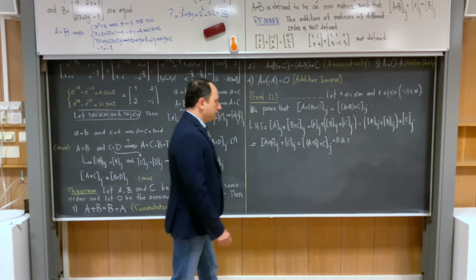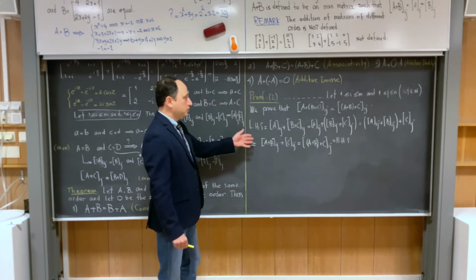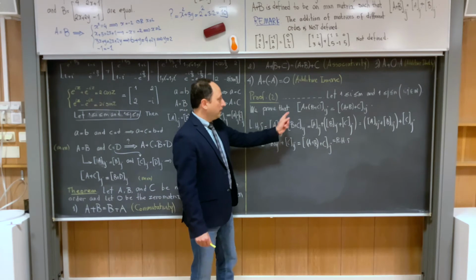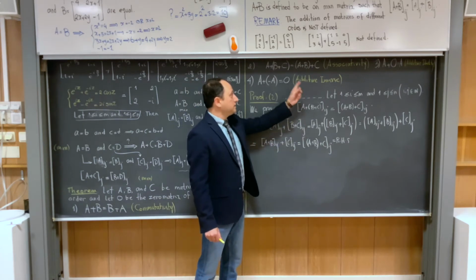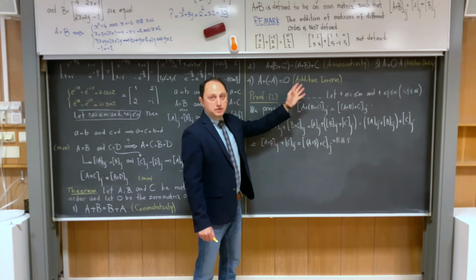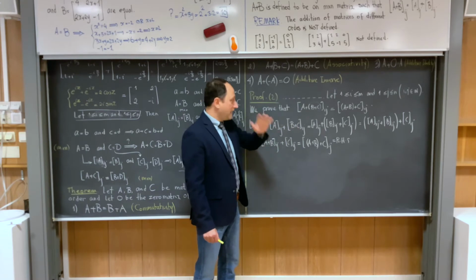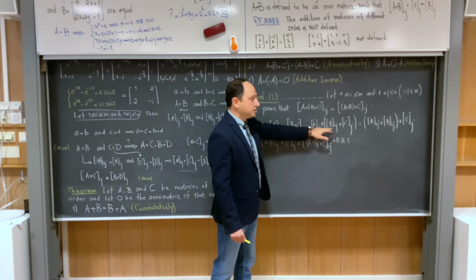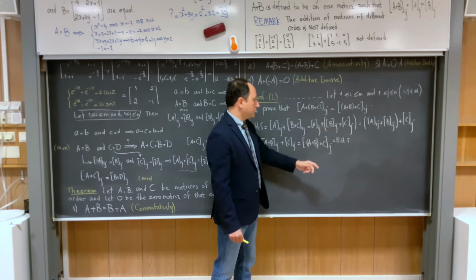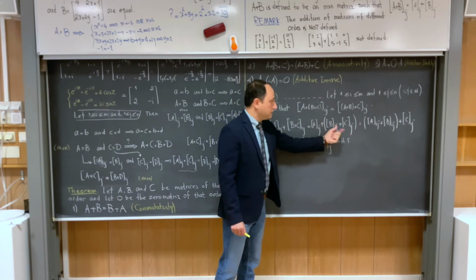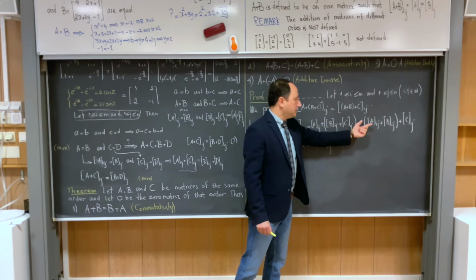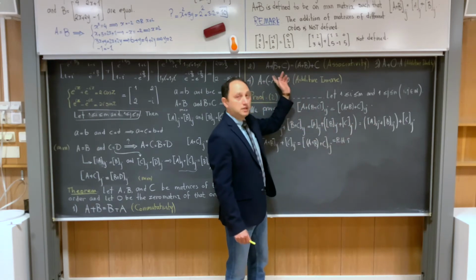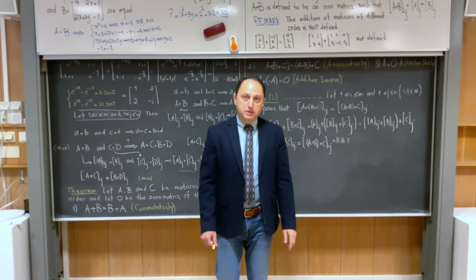So that's the proof. The reason that I call this proof instructive is because you can see that, of course, the associativity of the addition of matrices relies exactly on the same property for numbers, addition of numbers. So you see, I use the associativity of the addition for numbers to be able to prove the associativity of the addition for matrices.